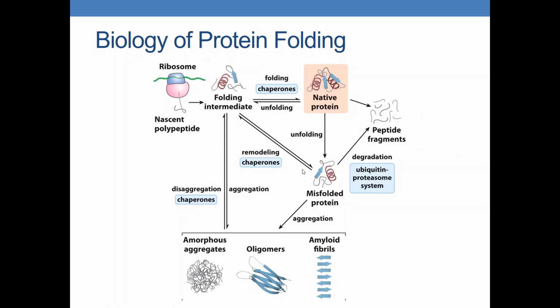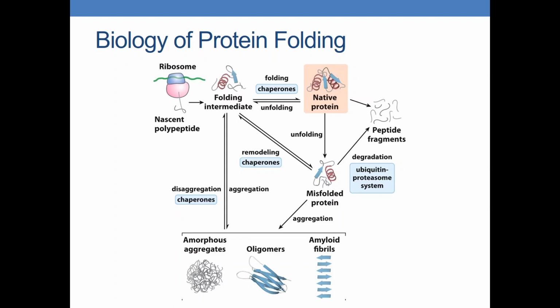In these cases, chaperones can come in and try to remodel the misfolded protein such that hopefully you hit that native protein state again. Or via degradation systems, you can take the misfolded protein and just degrade it to peptide fragments. The peptide fragment route is really the last case scenario. It's a last resort because you put a lot of energy into synthesizing a protein.